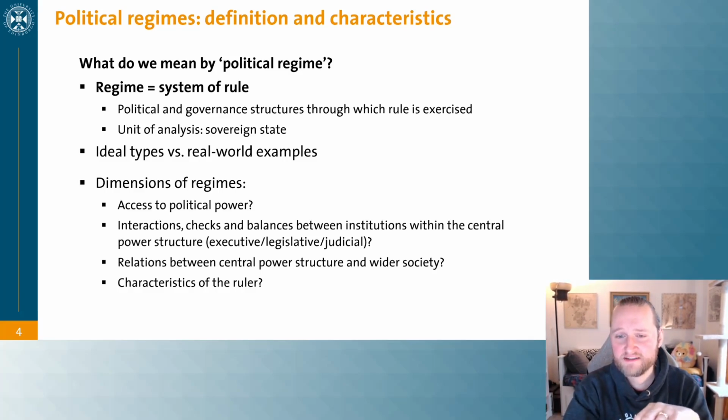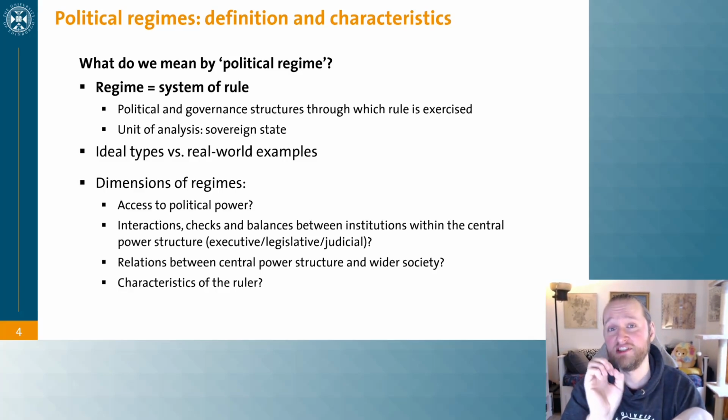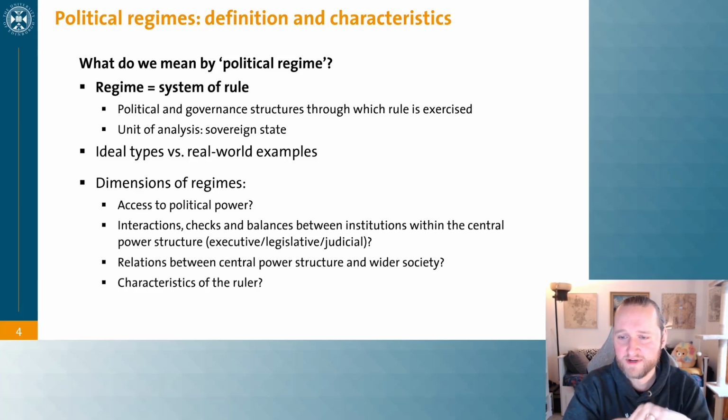So access to political power is the first possible variable we can look at in distinguishing regimes. Some regimes, lots of people will have access to power. Some regimes, very few people will have access to power. Then, what are the interactions, checks, and balances between institutions in that central power structure? Normally, we tend to distinguish executive from legislative from judicial.